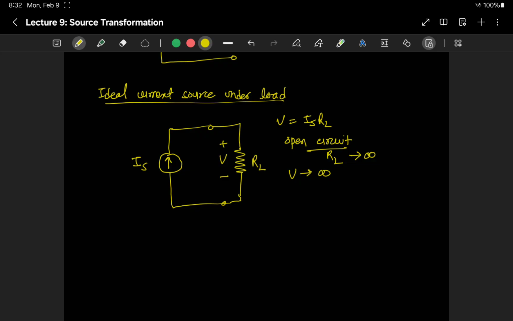So the simple fix is again having an internal resistance, but whereas earlier we had the internal resistance in series, since RL is already infinite, there is no advantage of including resistance in series. So in this case we are going to include resistance in parallel.